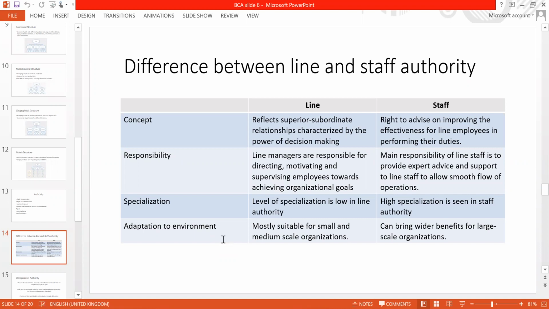They are not part of this vertical line, but they remain outside that vertical line, and at the same time they have this advisory role to facilitate the smooth operation of the core work of the organization.